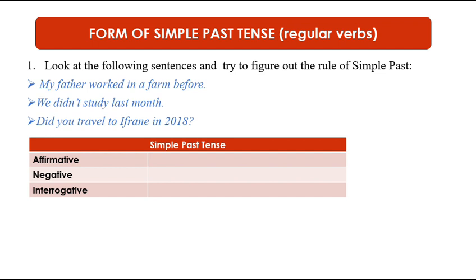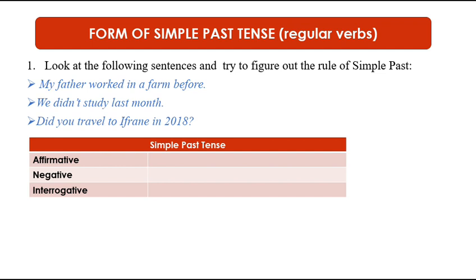We have three sentences, one affirmative, another negative, and the last one is interrogative. We are going to look at each one of them and try to find out the rule of each form, the rule of the affirmative form, negative form, and interrogative form in simple past tense.